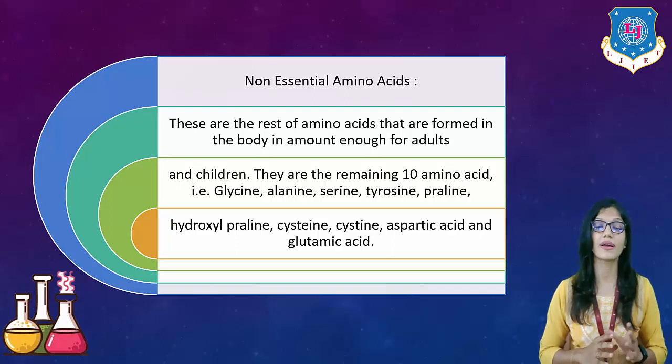For example, glycine, alanine, serine, tyrosine, proline, hydroxyproline, cysteine, aspartic acid and glutamic acid. So these are considered as non-essential amino acids. Okay?